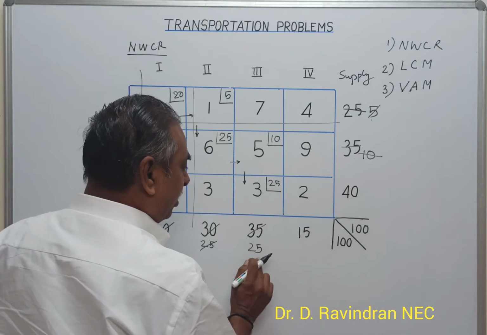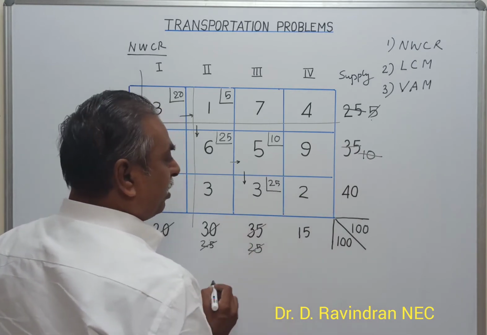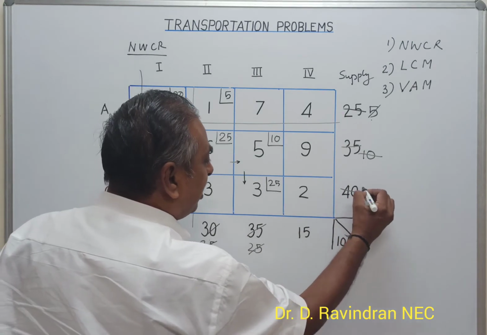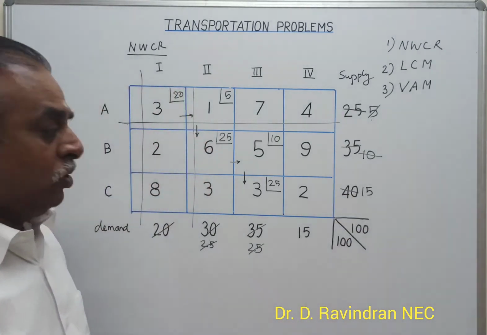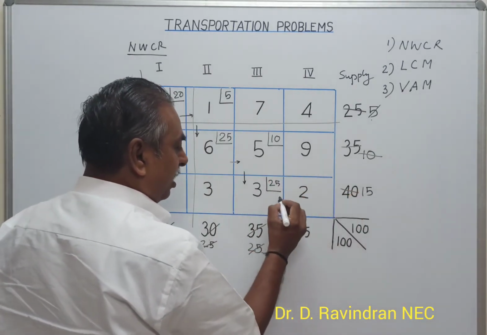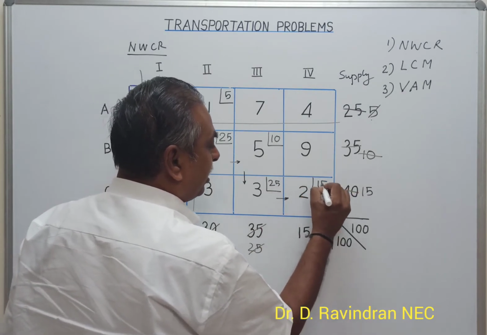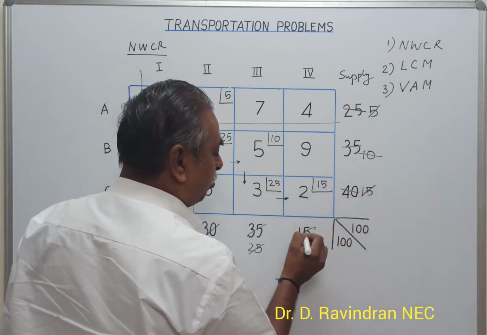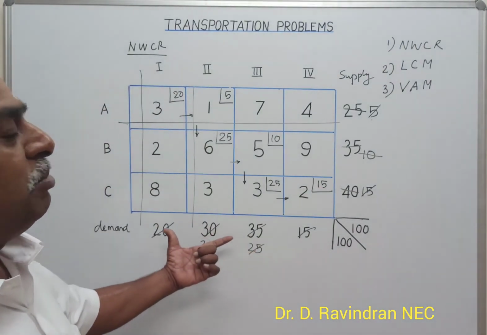Since between 40 and 25 the minimum is 25, we can allocate this. This one will be cancelled, and there will be 15 units left. So these 15 units have to be allocated to this cell. There is only one cell left out. So these 15 units can be allocated here, so that both can be cancelled. Now whole demand as well as supply is completely matching.